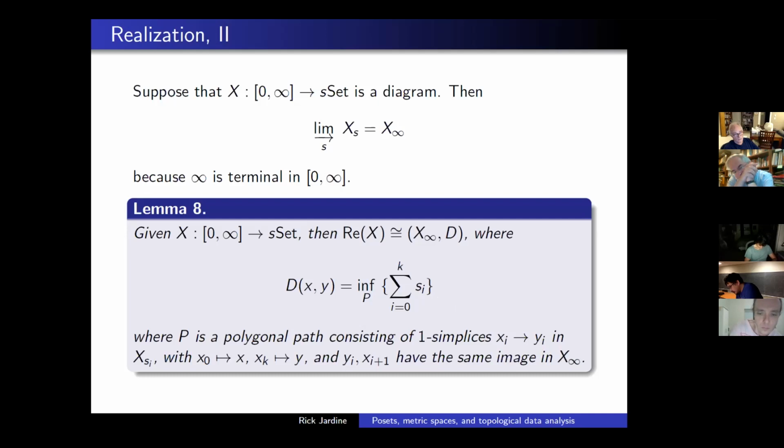The polygonal path consists of one-simplices in X_{s_i}, and you want x_0 to go to x, x to go to y_i, and y_i and x_{i+1} to have the same image in X infinity. And that's the metric. That's what the co-limit construction in extended pseudometric spaces is telling you to write down after you've thought about it a while. This took me a bit of time to prove. Okay, so this realization has a nice form.